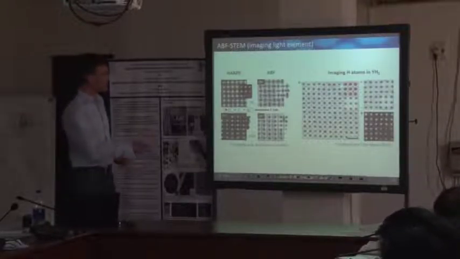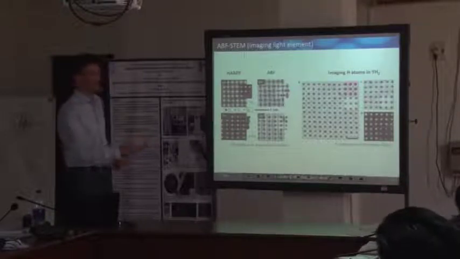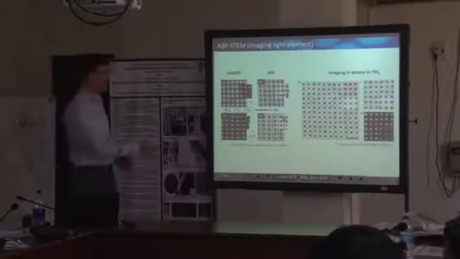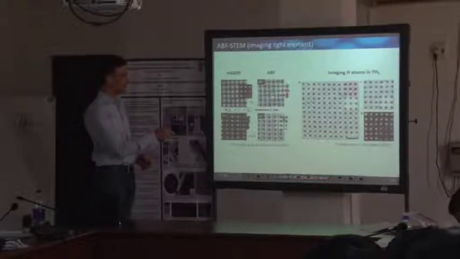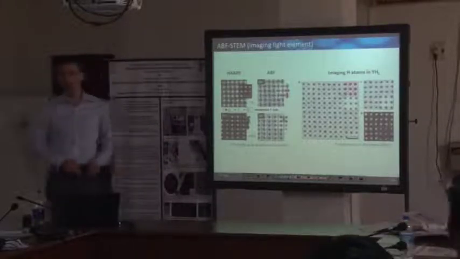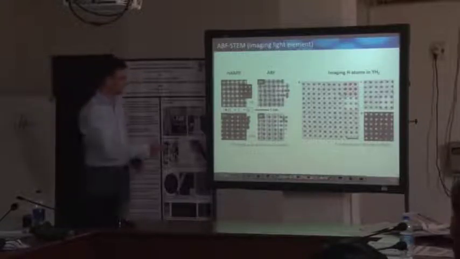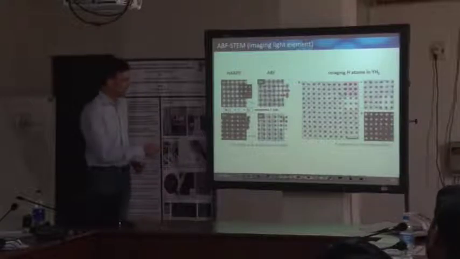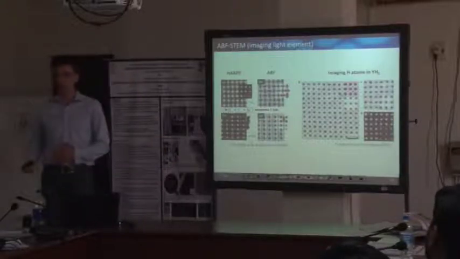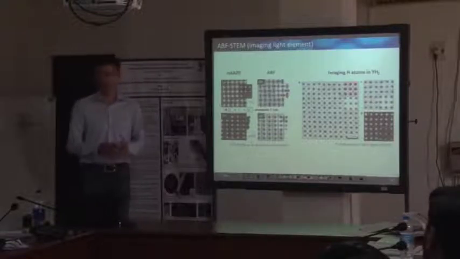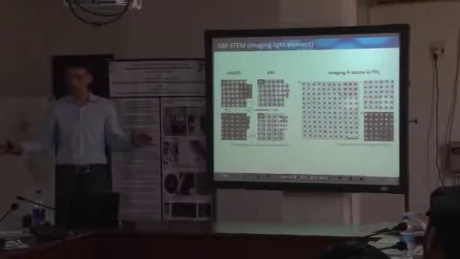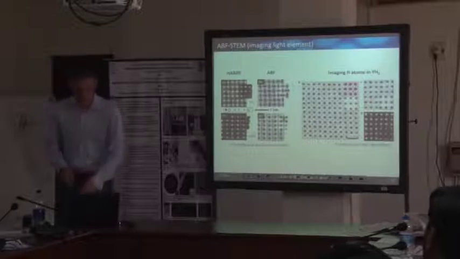But in the bright field image, we nicely see the hydrogen atomic columns. The same holds for the oxygen here and there. So you can clearly distinguish and measure distances between those different atomic columns. Here you see the hydrogen and the oxygen everywhere in between. By bright field imaging, because the scattering in forward direction is far more pronounced than the scattering at large angles for light elements, this is what we can do.